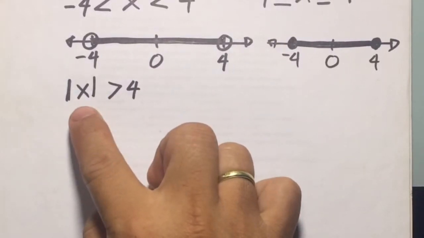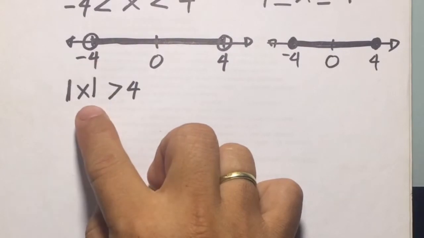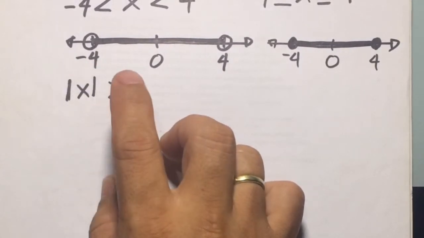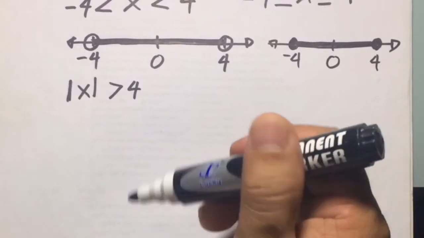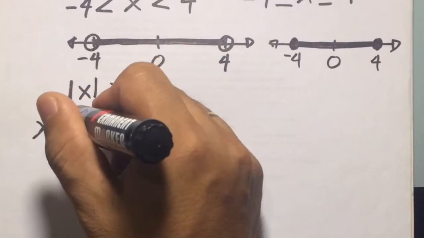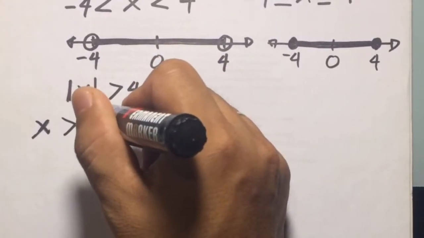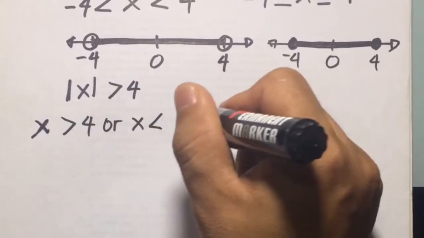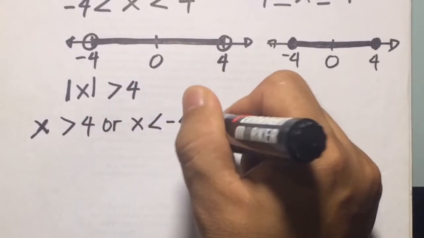And also, all the values of x lesser than negative 4, because for negative 5, negative 6, negative 7, its absolute value is greater than 4. So for your solution here, we're going to have x greater than 4, or we can have x less than negative 4.